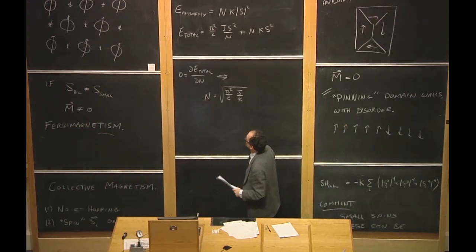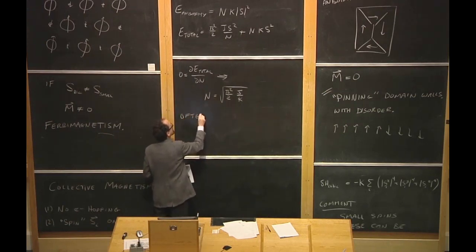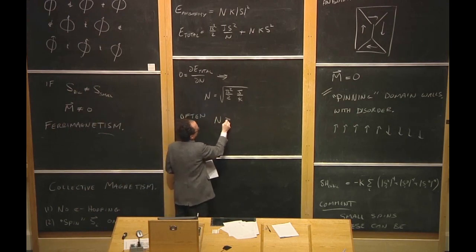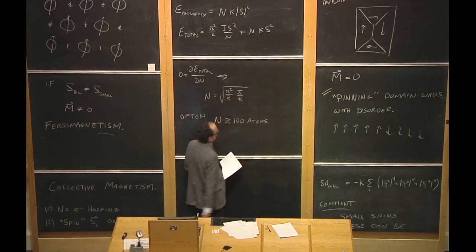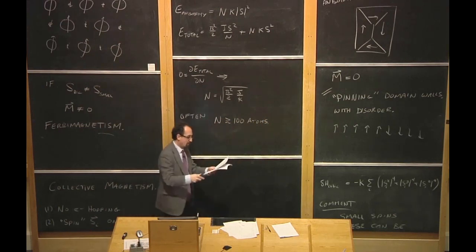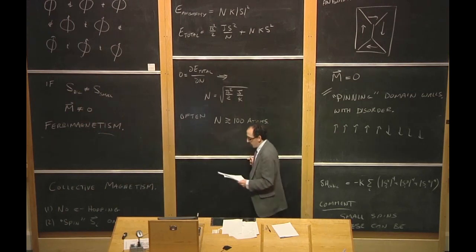Now, in real magnets, it's very often the case that you can have n greater than or about equal to 100 atoms. So you can have these block walls or these domain walls or Néel walls be actually quite wide.